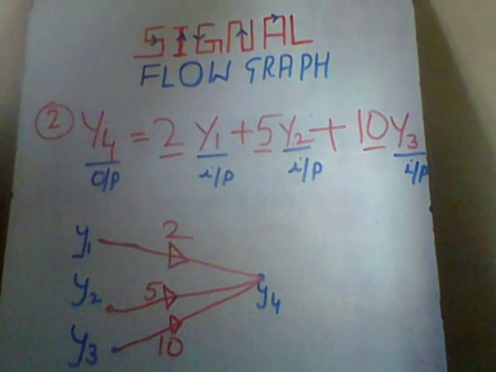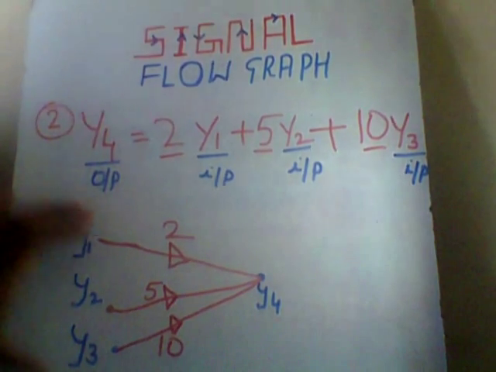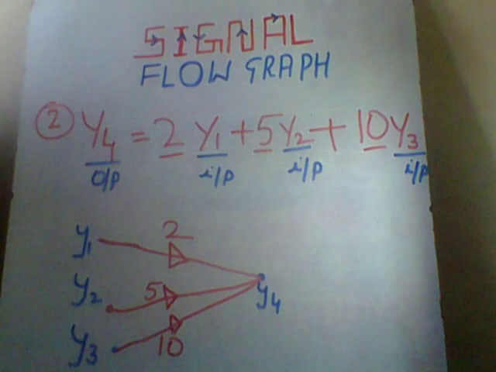This is how we can construct a signal flow graph for the above system. Now, this signal flow graph is drawn based on a rule which is called the addition rule.